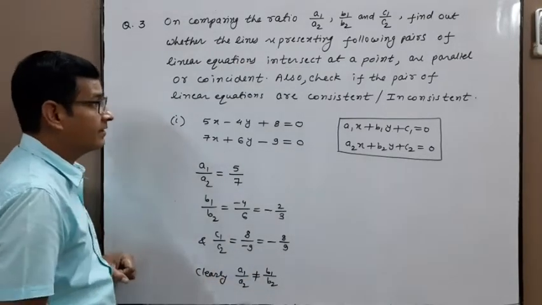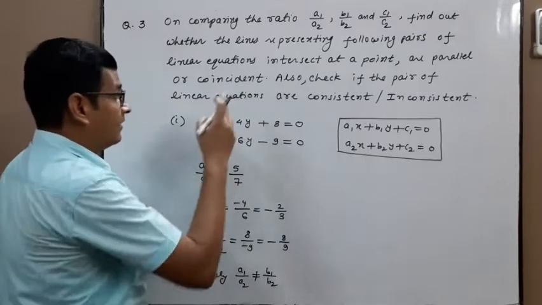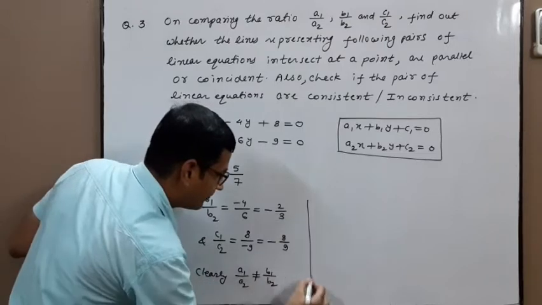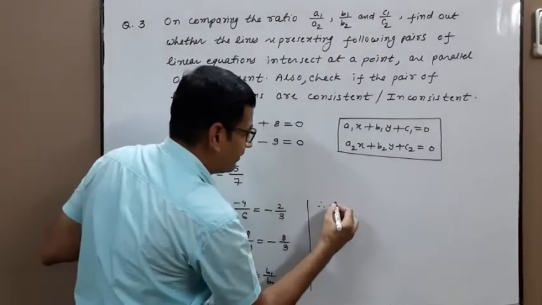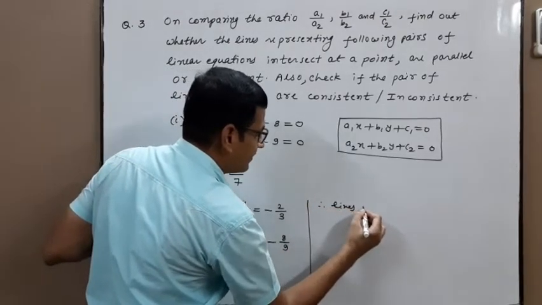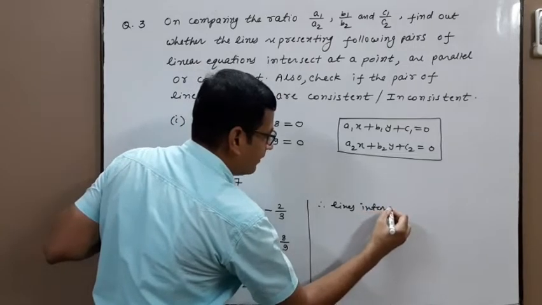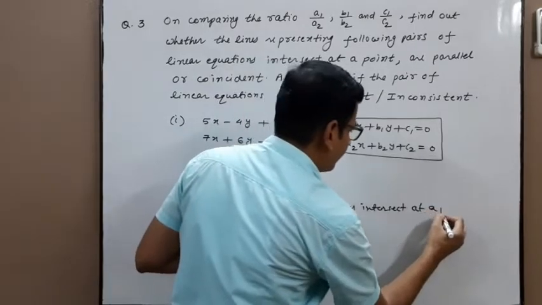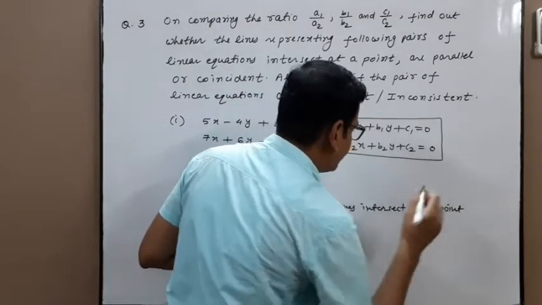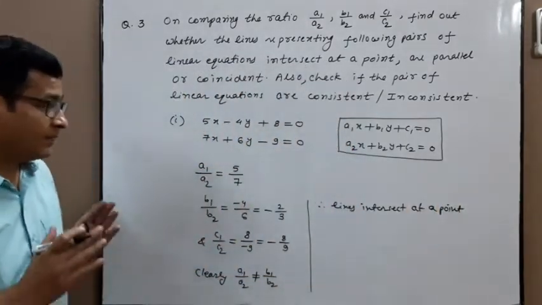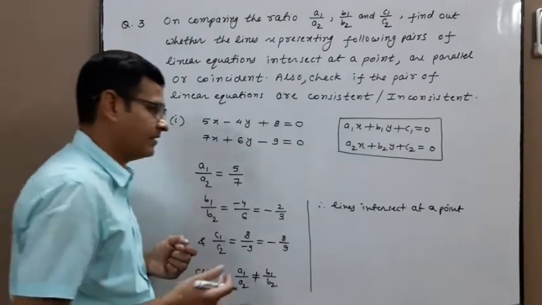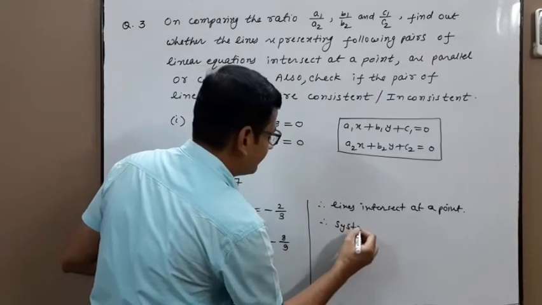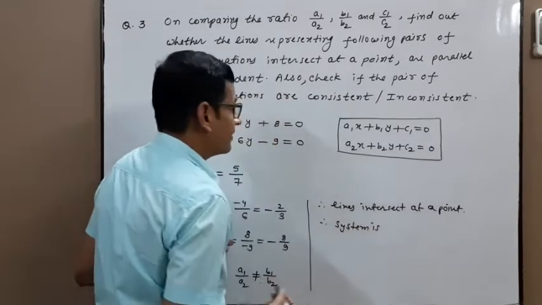It means the lines intersect at a point. Means we get a unique solution. It means the system is consistent. Therefore, the system is consistent.